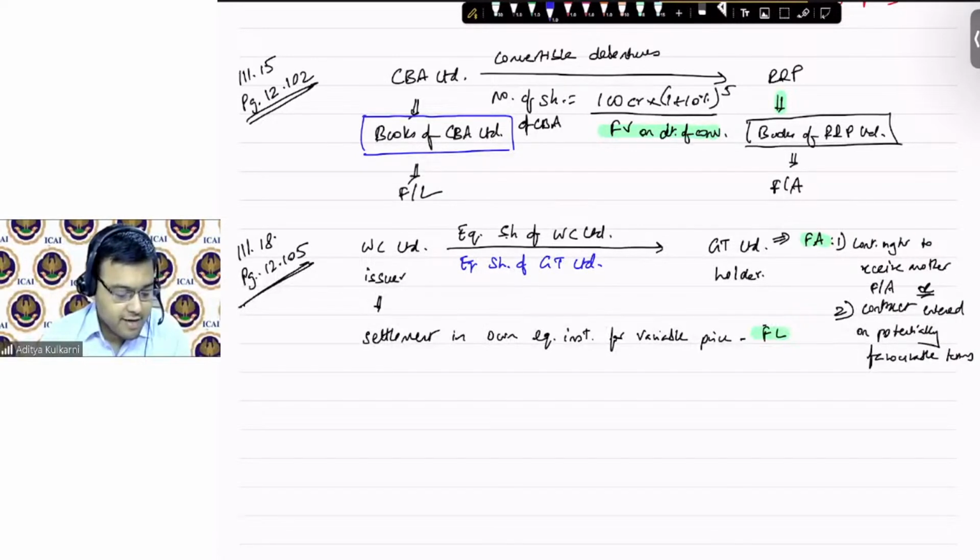So what is it going to be? Variable price continues. Settlement is in equity shares of GT Limited. Okay. So this is extra, not there in the question, just to make you comfortable with the various options that could happen. Just getting you people familiar.